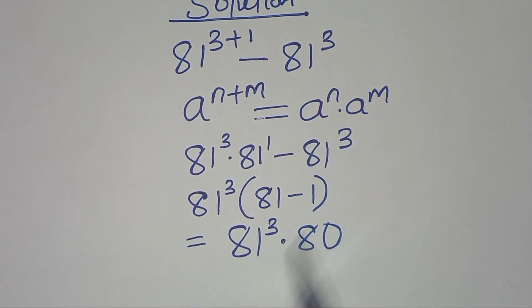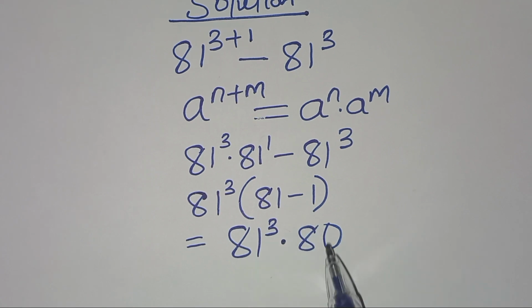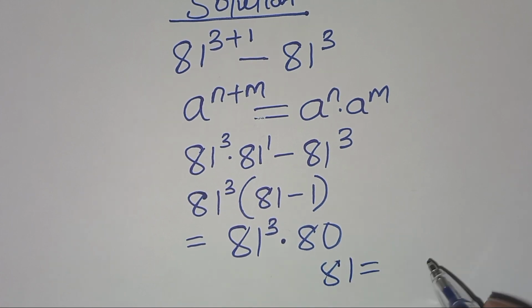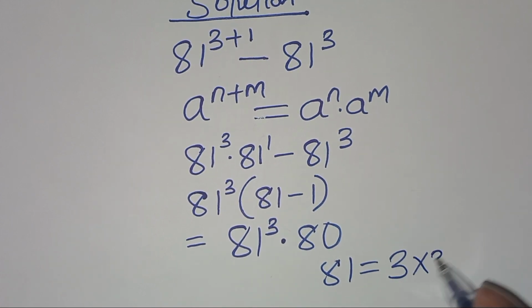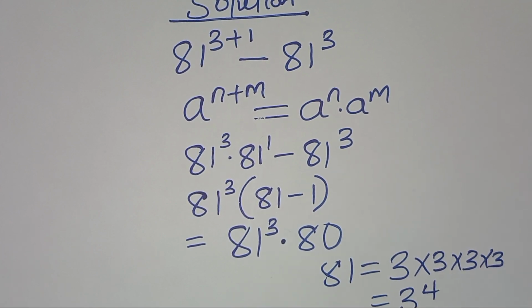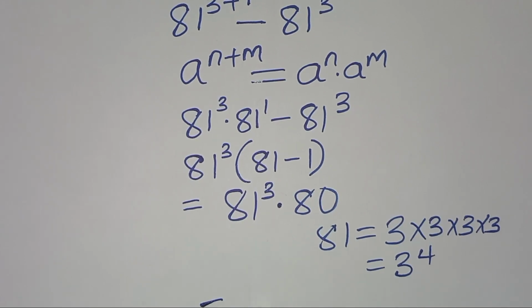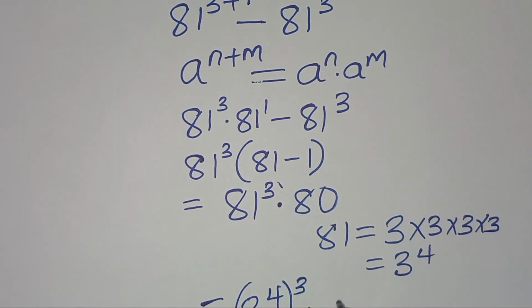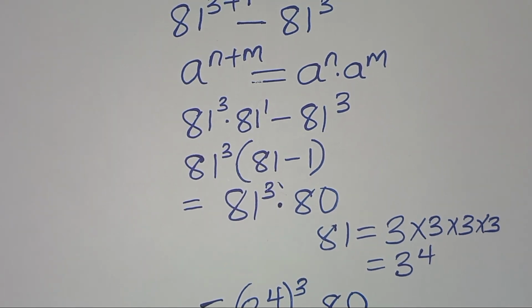The next step from here, we can express 81 to power 3 as 81 is the same thing as 3 times 3 times 3 times 3, which is equal to 3 to power 4. So this is the same thing as 3 to power 4 multiplied by 3, then multiplied by 80.